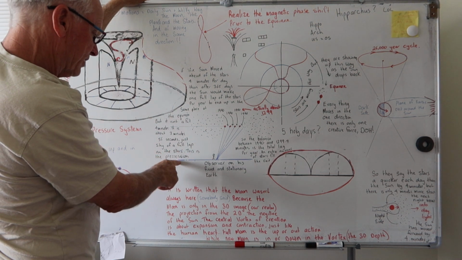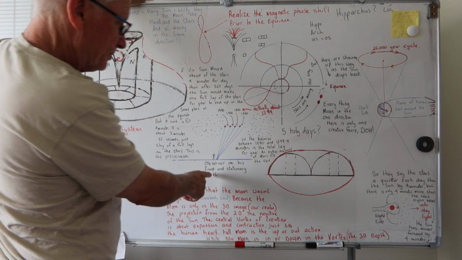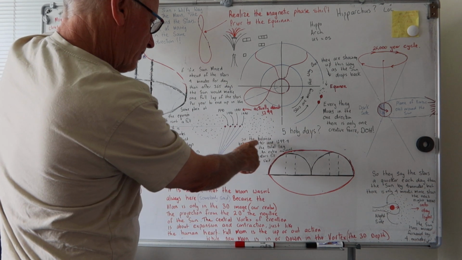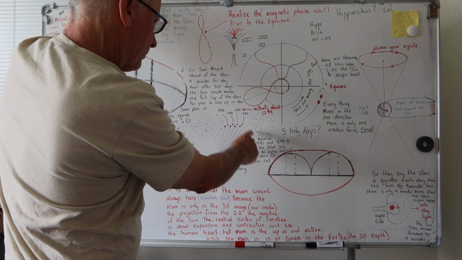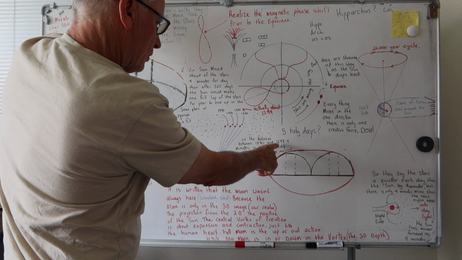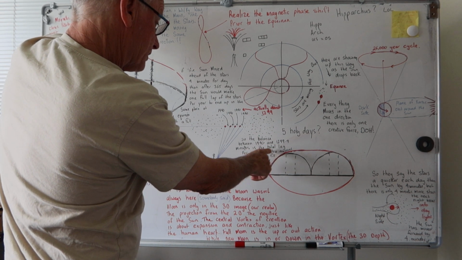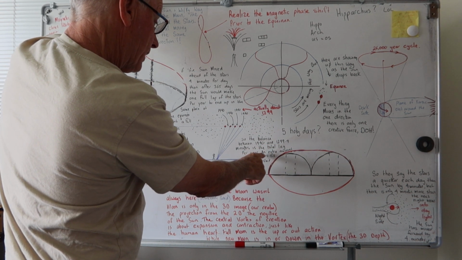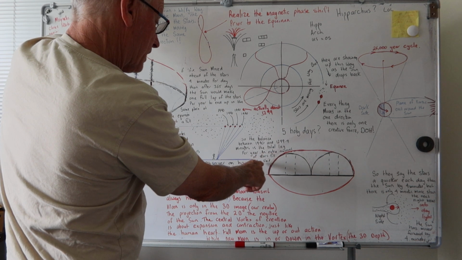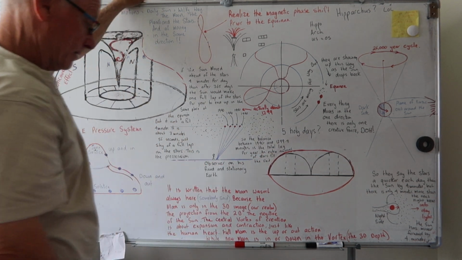This is the precession. Here's the observer. So the balance between 1440, which would be the full cycle, and 1299.4 minutes is the total lag per year and extra amount of stars fill the void. Okay?